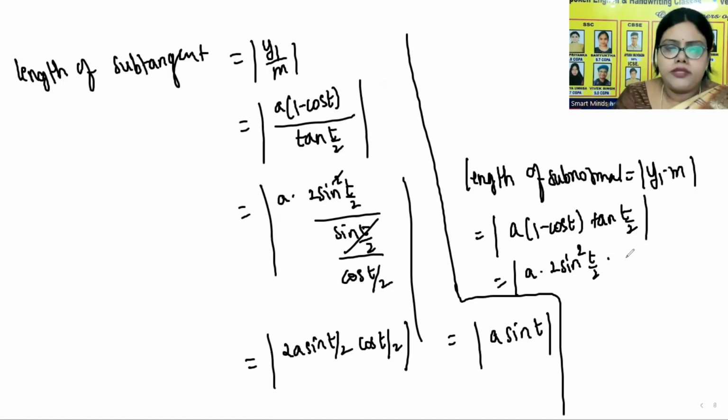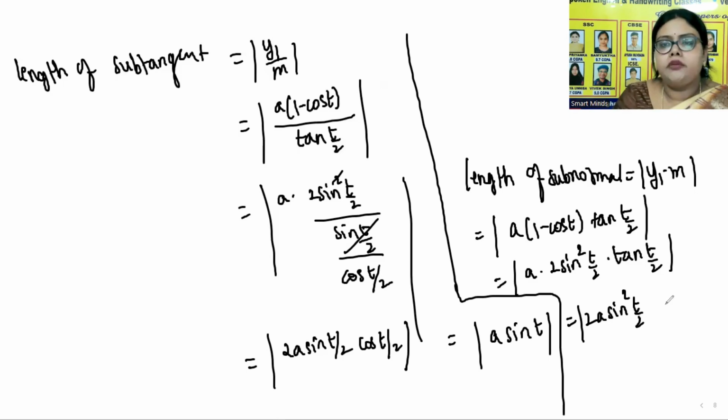Tan t by 2 is tan t by 2 only. So that is mod 2a sin square t by 2 tan t by 2. Why am I not changing tan as sin by cos? Because it will not get cancelled. If it would have got cancelled, we would do it. Okay.